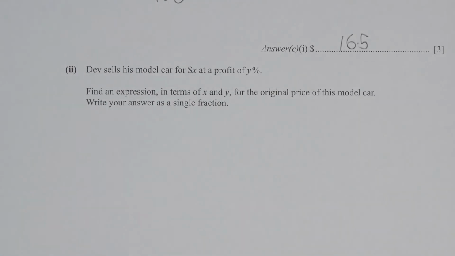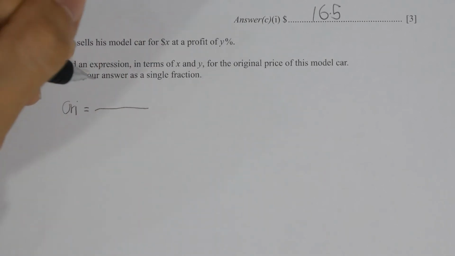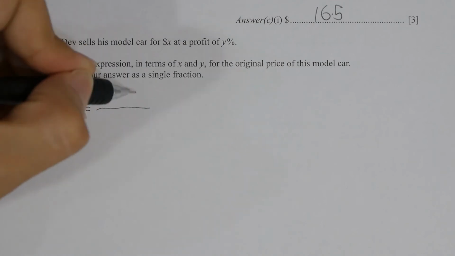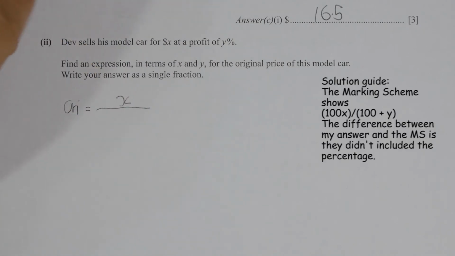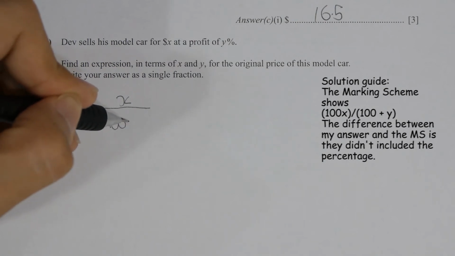Dev sells his model car for X at a profit of Y%. So original equals X over 100 plus Y%. This will be the formula.